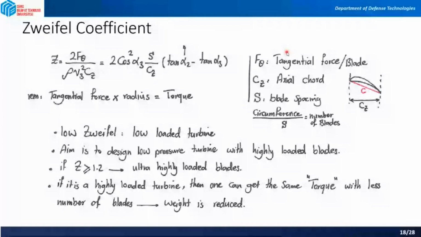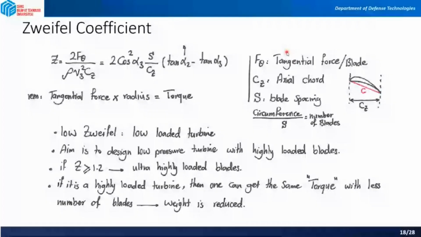And this is a disadvantage for you because it has large weight, and also it will increase the frictional losses. But the good thing is that your force per blade is small. So then each blade will resist a smaller force.